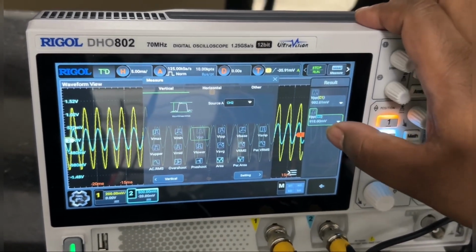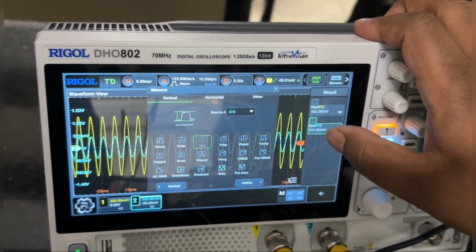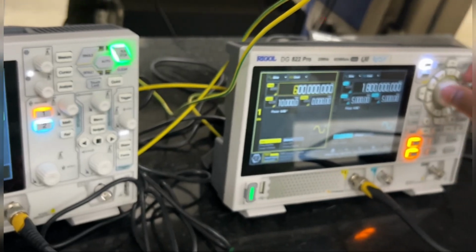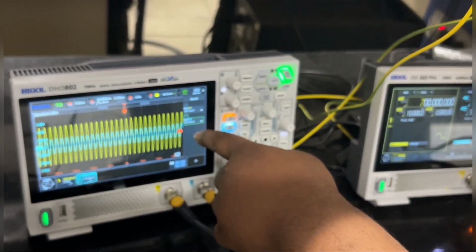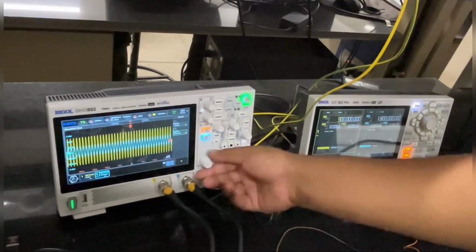Now we can see the VPP of channel 2, which is coming from this piezoelectric sensor. So we can see that as we are varying the frequency to 600 Hz, 700 Hz, likewise the peak to peak voltage of channel 2 is changing.